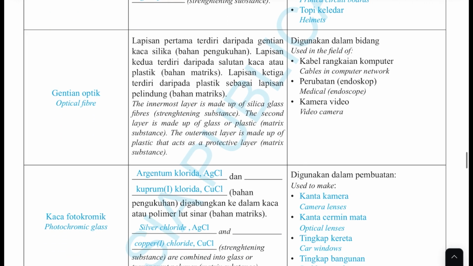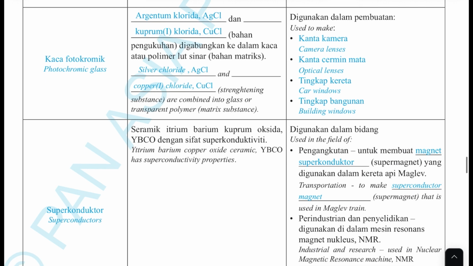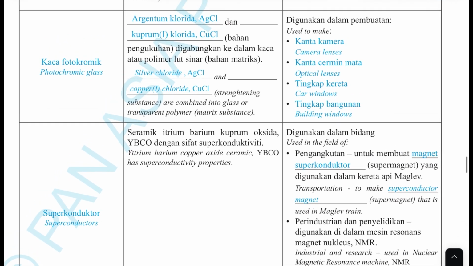Optic fiber. The innermost layer is made up of silica glass fibers as a strengthening substance. The second layer is made up of glass or plastic as a matrix substance. The outermost layer is made up of plastic that act as a protective layer, matrix substance. Used in the field of cables, in computer network, medical endoscope, and video camera. Photochromic glass.